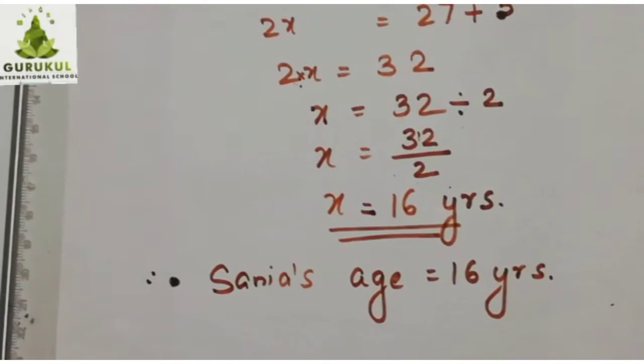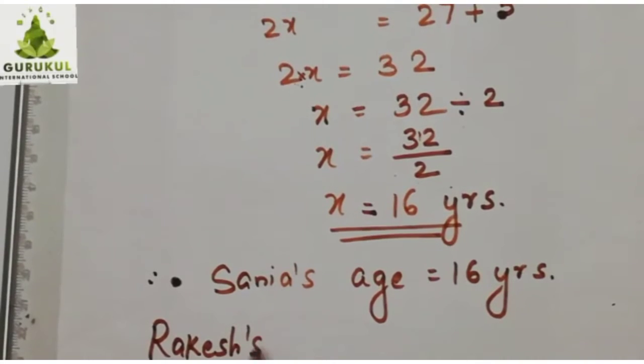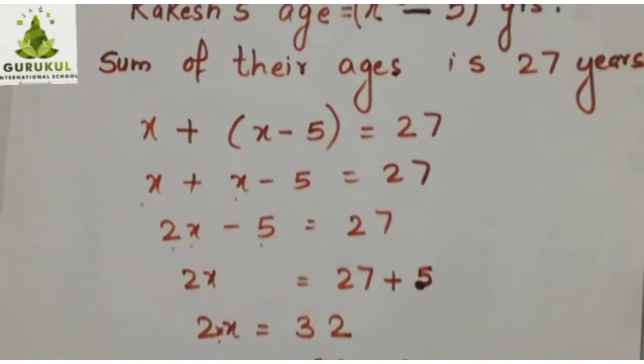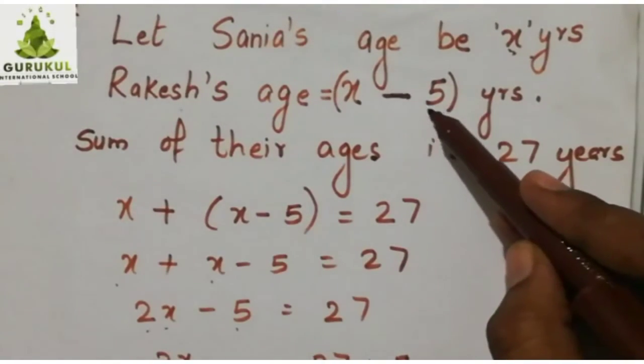Now we want to find out Rakesh's age. How will we find Rakesh's age? Rakesh's age is equal to what we wrote above, x minus 5.